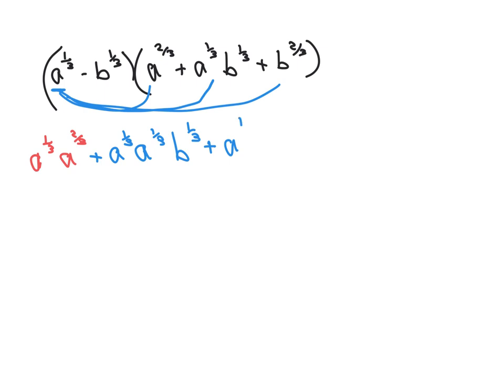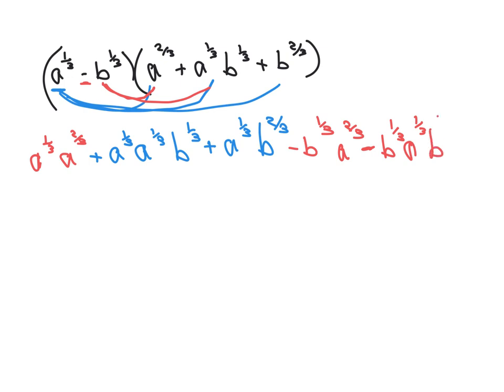Plus a to the 1/3, b to the 2/3. Okay. Now let's do it in red. So it'd be negative b to the 1/3, a to the 2/3, and this one. Oops, that would be a minus. That minus b is going to make everything negative, isn't it? B to the 1/3, a to the 1/3, b to the 1/3.